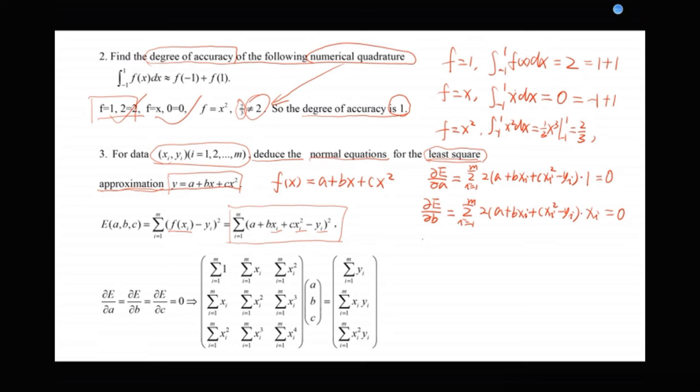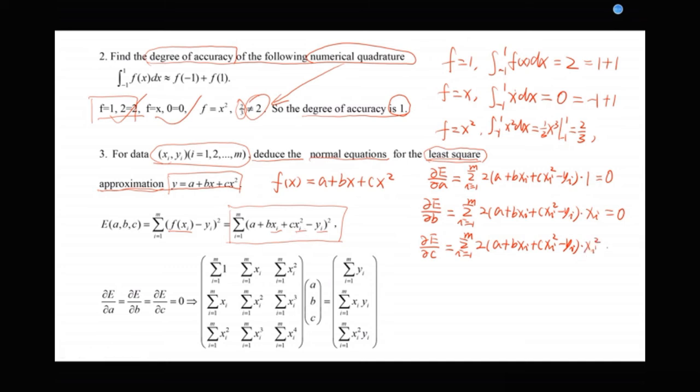Okay, and similarly, partial E, partial c should be sigma i from 1 to m, 2 times again (a plus b xi plus c xi squared minus yi), multiply the partial derivative on c, so we have xi squared. Is it okay for you?